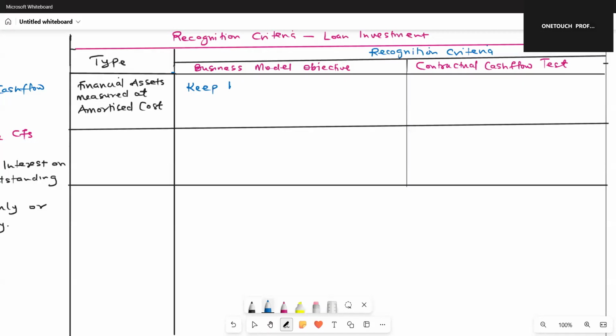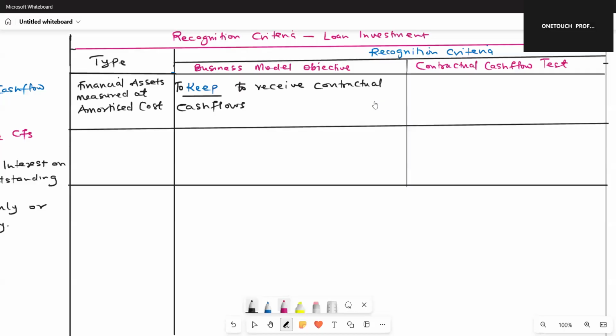The underlying word is keep. I want to underline it. To keep, to receive contractual cash flows.